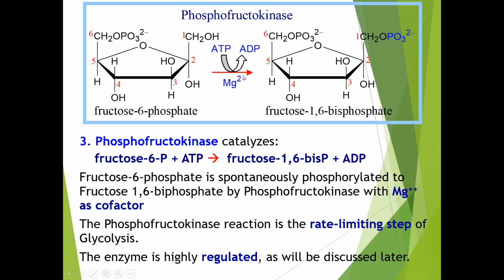Magnesium ion acts as a cofactor, the ATP molecule is essential for the release of the phosphorus group, and phosphofructokinase catalyzes this conversion. Simply, dephosphorylation of adenosine triphosphate takes place, and the released phosphorus gets attached to carbon one of fructose 6 phosphate, forming the fructose 1,6 bisphosphate molecule.